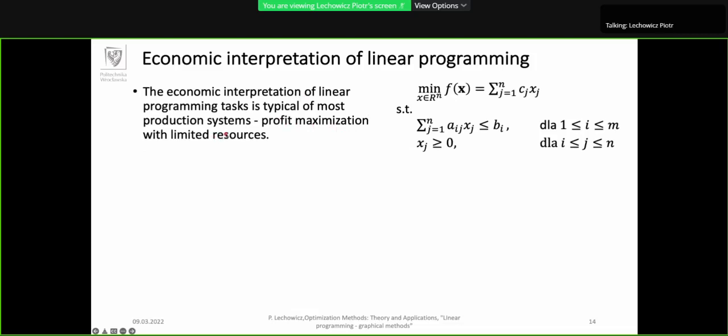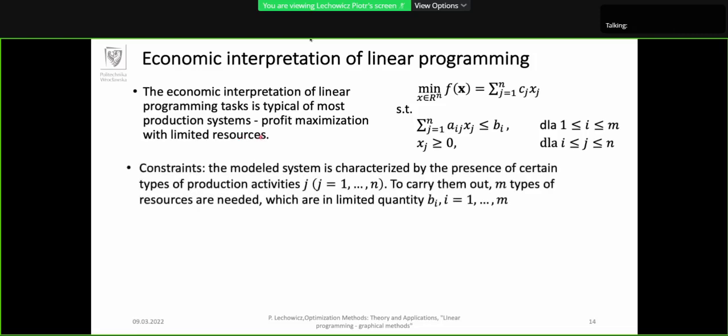So we have limited resources to produce something to maximize the profit. We have a set of constraints, and these constraints are related to the presence of certain types of production activities.